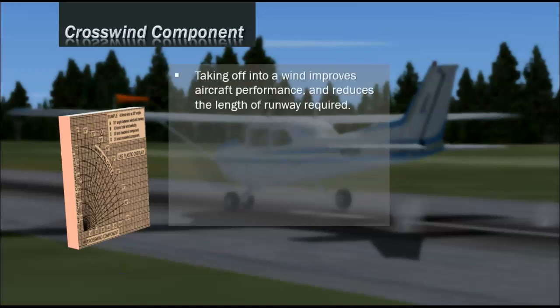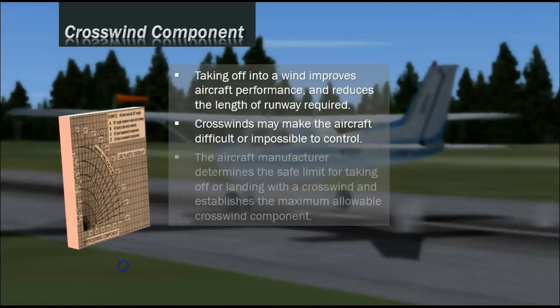Taking off into a wind improves performance, and it reduces the length of the runway that you need in order to take off. But crosswinds can make controlling an aircraft almost impossible. The aircraft manufacturer determines a safe limit for taking off and landing with a crosswind by establishing a maximum allowable crosswind component.